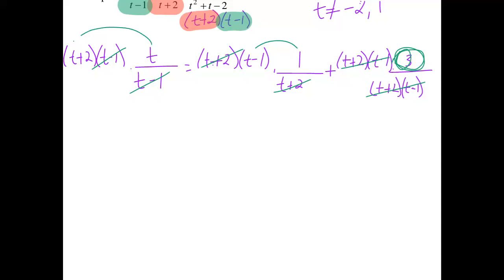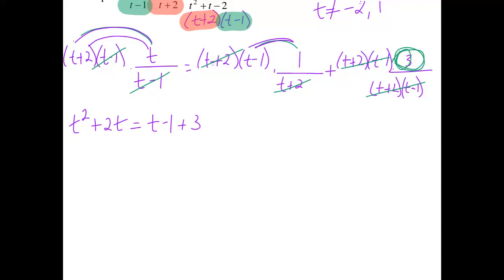For the first one, when we distribute, t times t will give me t squared. T times 2 will give me 2t. All right, that's the left-hand side of the equation. Multiplying by 1 just leaves this t minus 1 for the second one right here. And then we need the plus 3 on the end from the last fraction. Again, I noticed that there's a t squared here. It is positive already, and there's no other terms to cancel or to add to it.